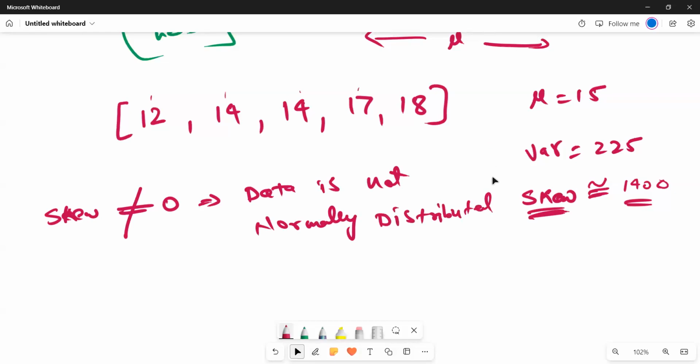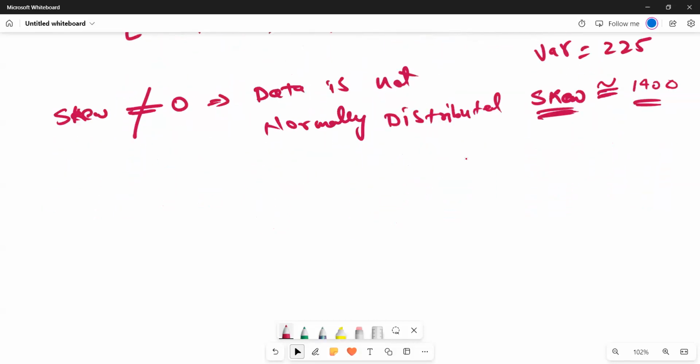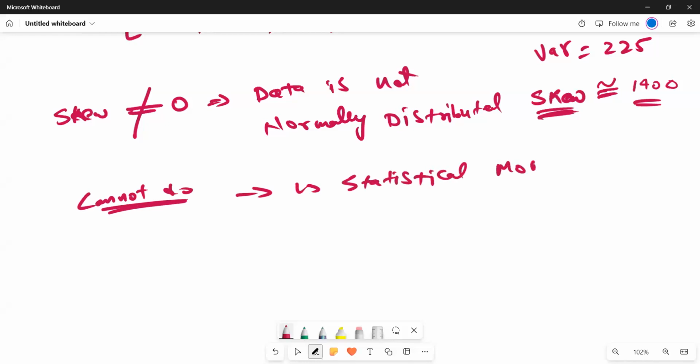Right. And if my data is not normally distributed, the first thing is I cannot build a statistical model.